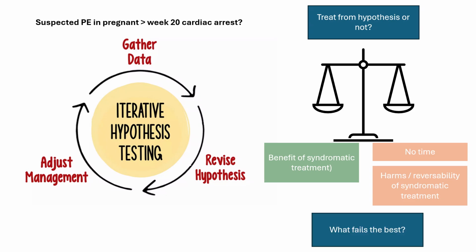Okay. There's this notion of what fails best, right? It's a thing in complexity system thinking, because what treatment would fail best here? And maybe cutting out the baby would be the one that fails the best, because then we'll see if there's ROSC after that, and then we can give thrombolysis once we have hemostasis, right?